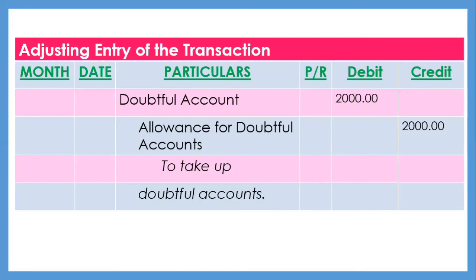Now, the entry would be different if it is based on accounts receivable, because in this particular example, we are actually basing on the income or sales. But if we make use of accounts receivable, then the entry would be quite different. The business enterprise would want to know how much of the receivable may not be collected.